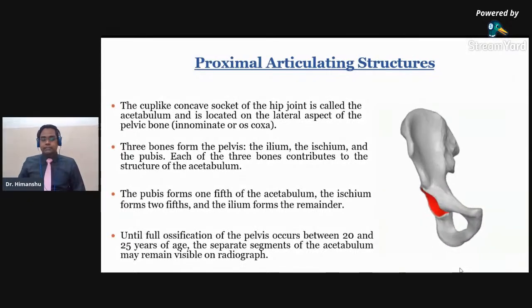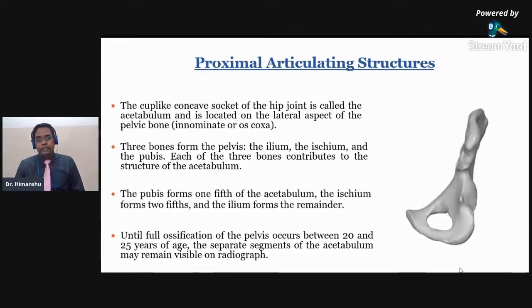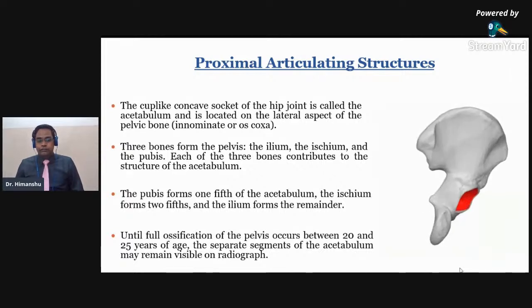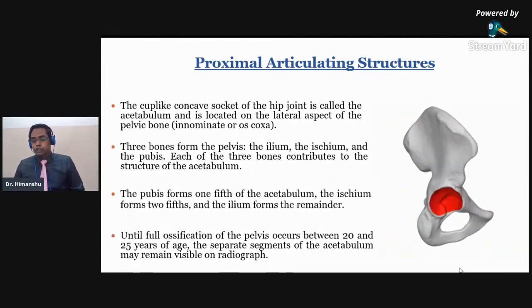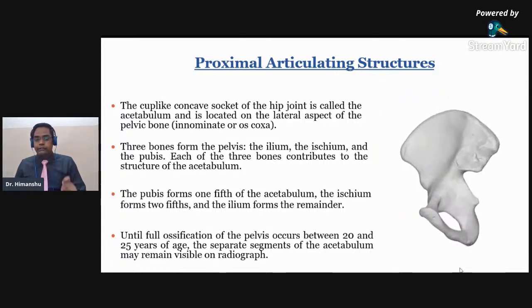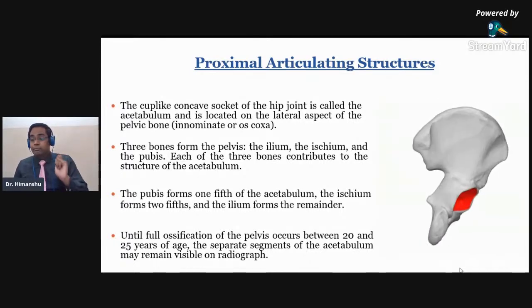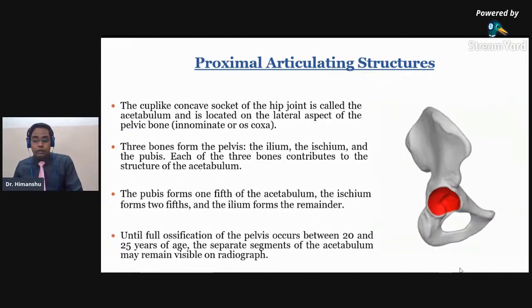The last line is a pretty important line when I talk about the hip joint articulation, the proximal articulating surface. Until full ossification of the pelvis occurs between the age of 20 to 25 years, the separate segments of the acetabulum may remain visible on the radiograph.